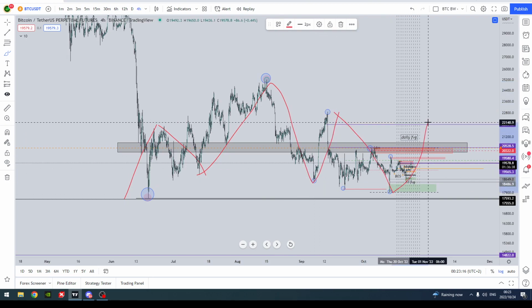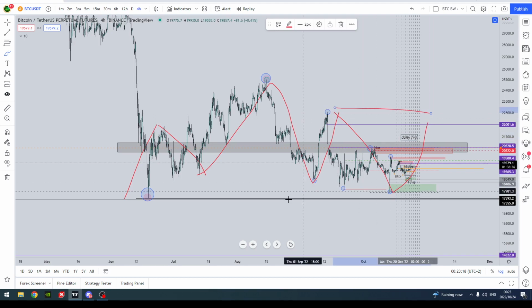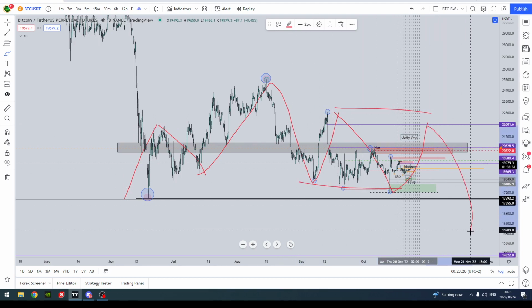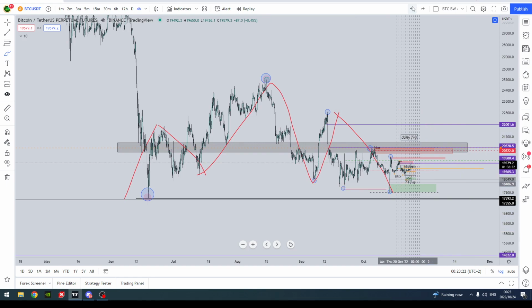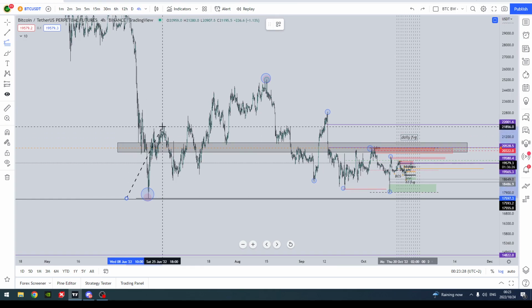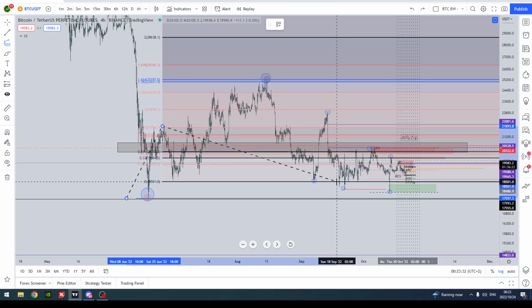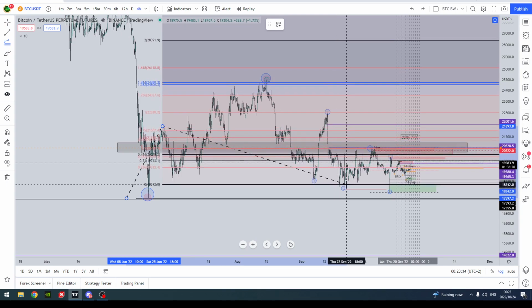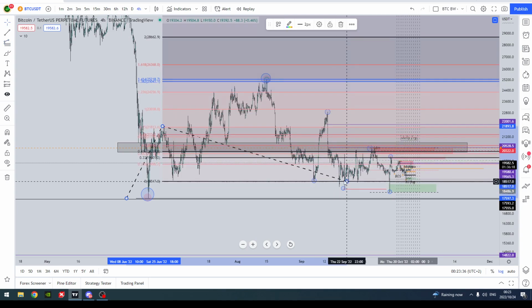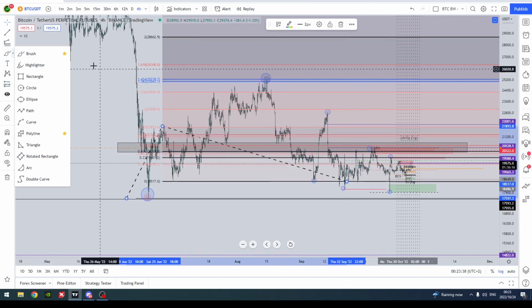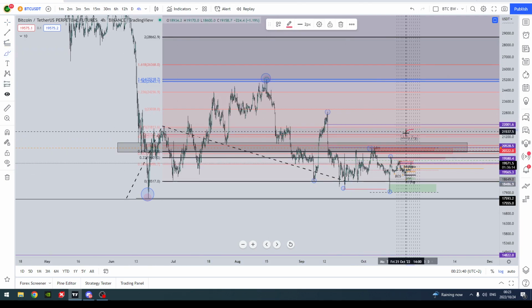Where price did something like that, gave us a flat type structure, and then rolled over. And the E wave would either have to be 100% of the A wave or 61.8% of the A wave. So if we put that there, that was almost 100% there. Or 65% would put us in here, right? At the daily fair value gap.